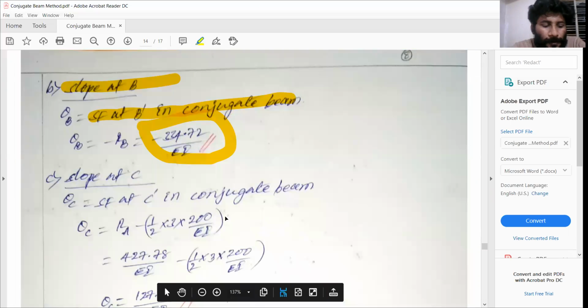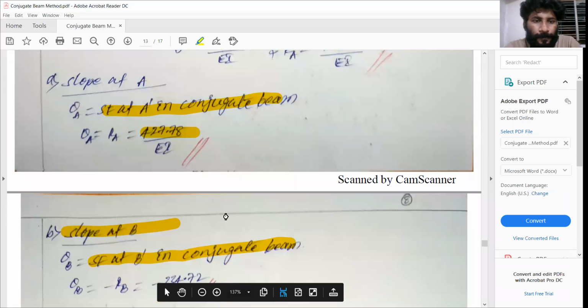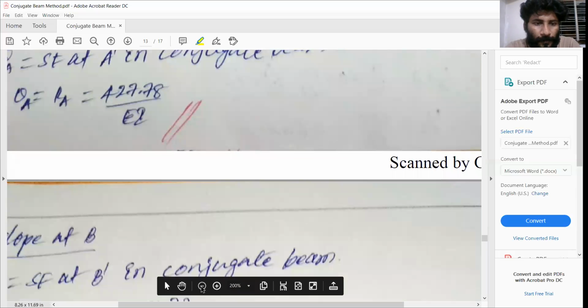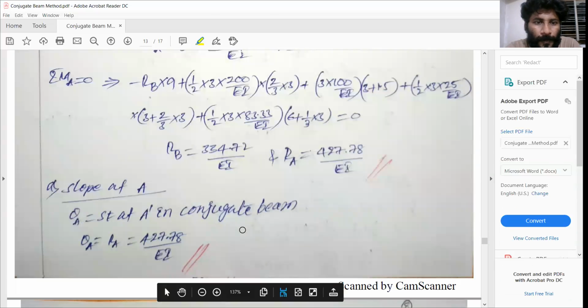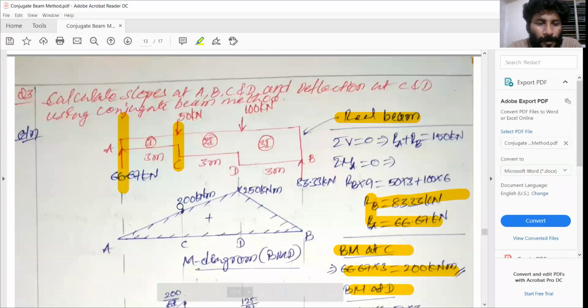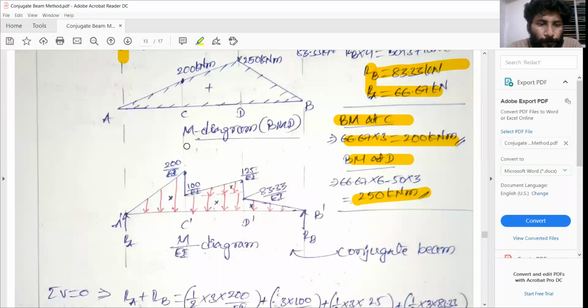Slope at C. Here we have to find the slope now. To find the slope there, you can take the shear force at that section. So R_A minus whatever load is acting downward.